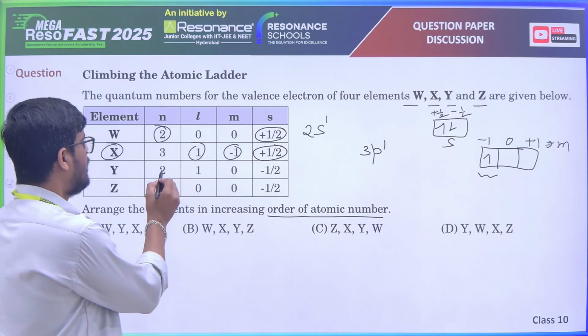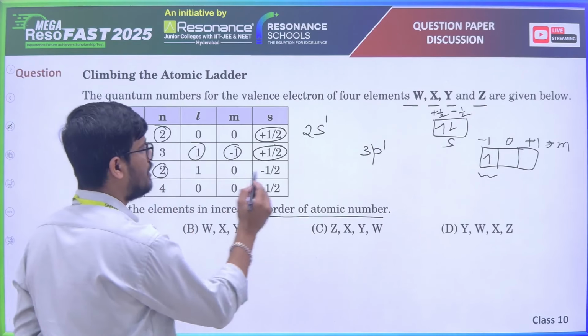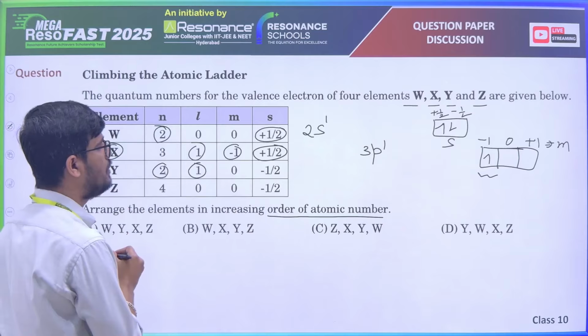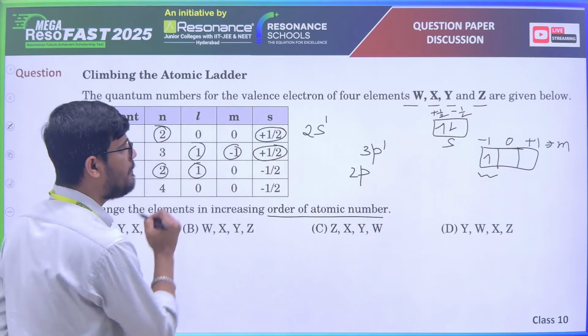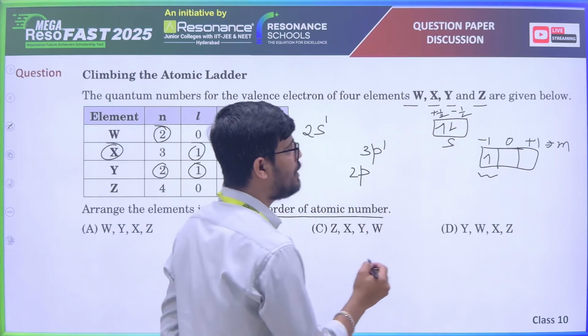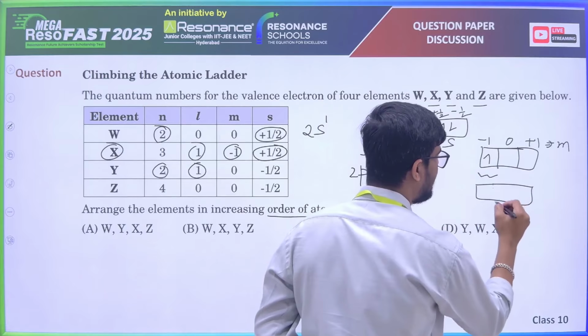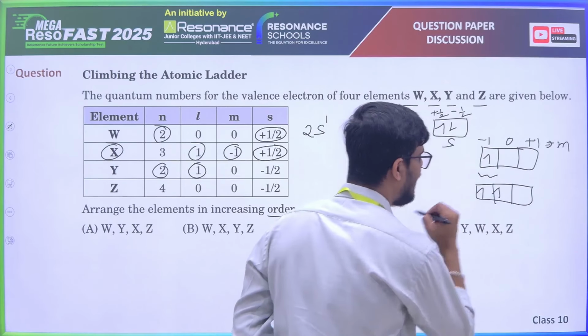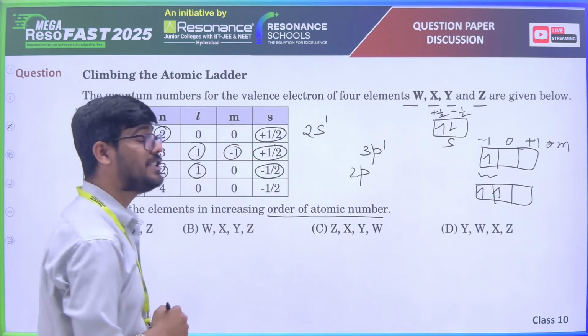Next, for Y, 2 is principal quantum number, then l value is 1, that means 2p. Now m value 0. That means the last electron will be present in the middle orbital. And s value is minus half.